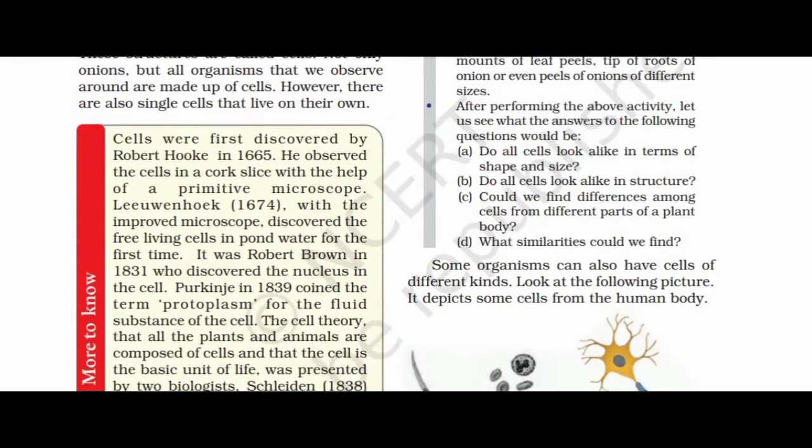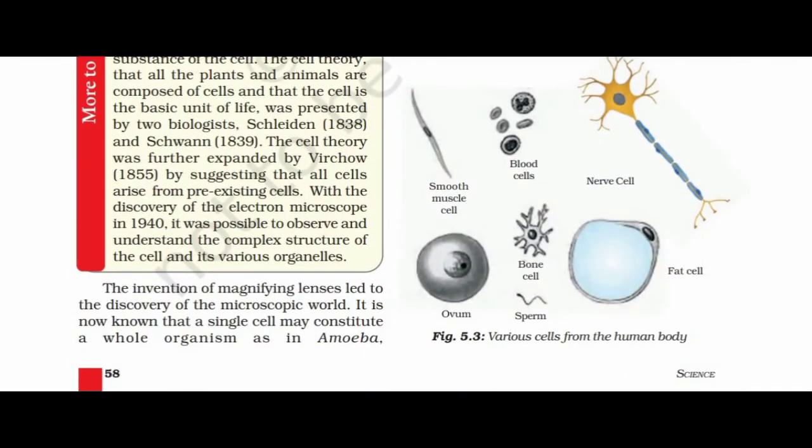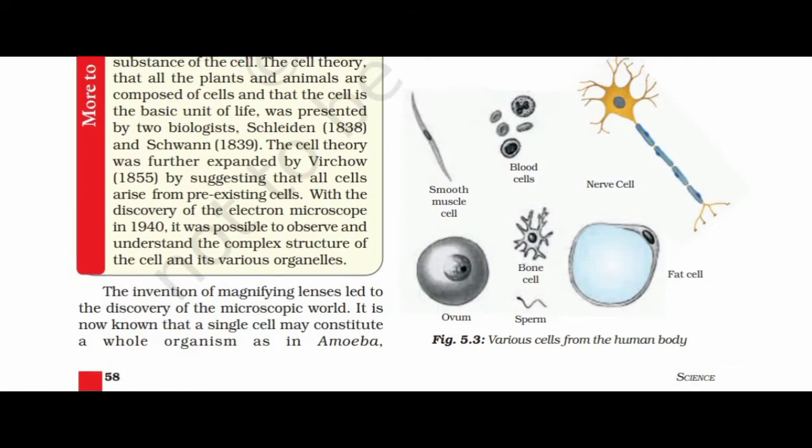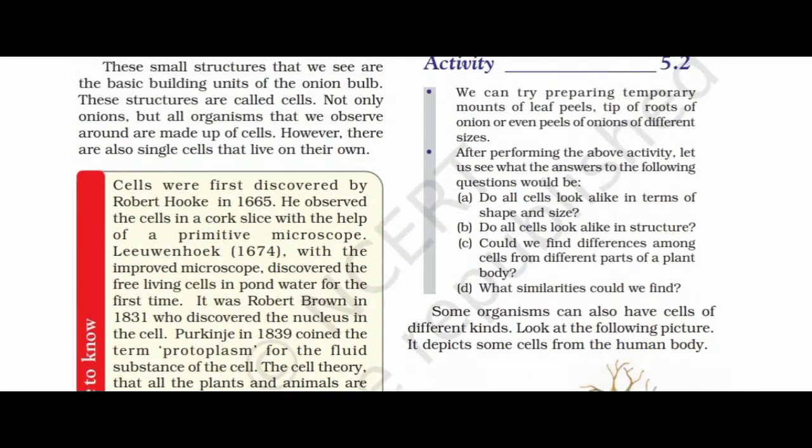The invention of magnifying lenses led to the discovery of the microscopic world. It is now known that a single cell may constitute a whole organism, as in amoeba. As there are organisms that have many cells, there are organisms that have only a single cell, and it is the amoeba.